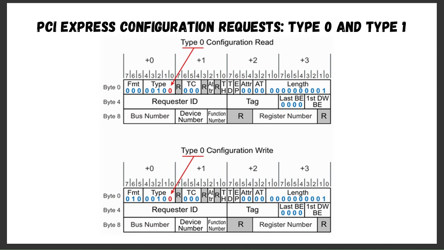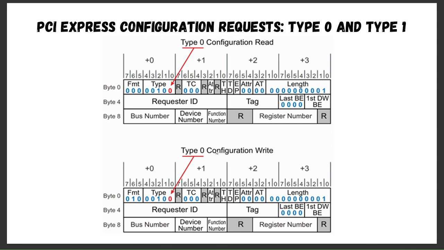The selected function uses a register number field in the request to determine which dword, or 32-bit block, in the configuration space is being accessed. The first dword byte enabled field specifies which bytes within the selected dword are to be read or written.